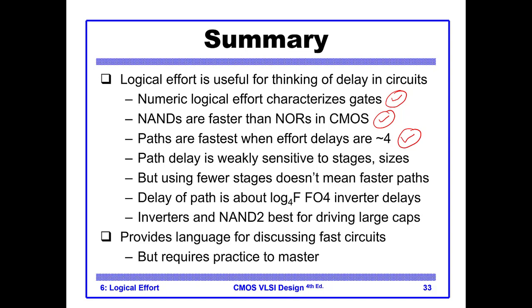Path delay is really sensitive to stage sizes. Using fewer stages doesn't mean faster. We have seen that it's not necessary that a path with one inverter is faster than, for example, 2 or 3. In some cases, the path with three inverters may be the fastest.